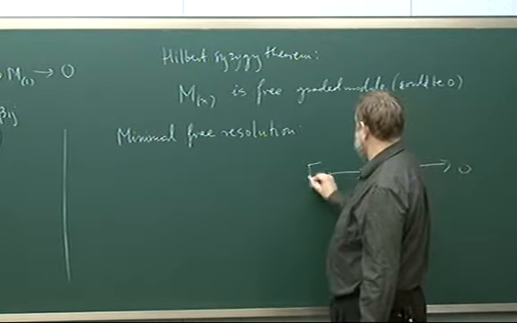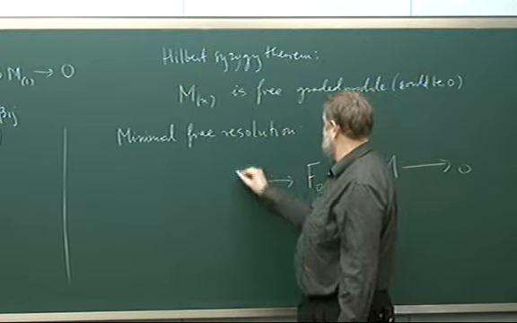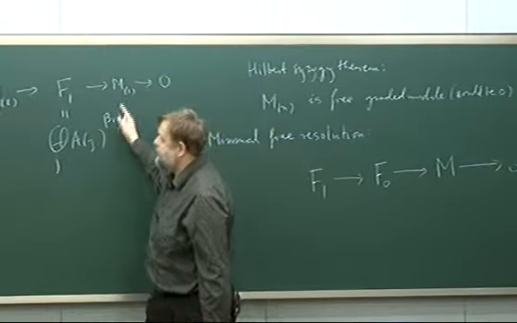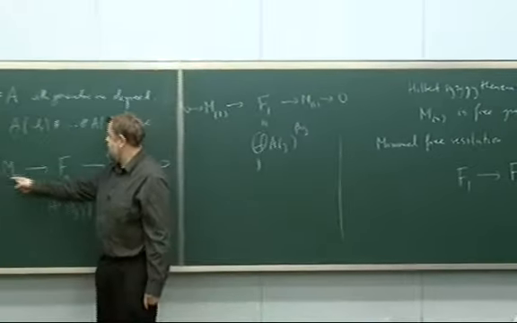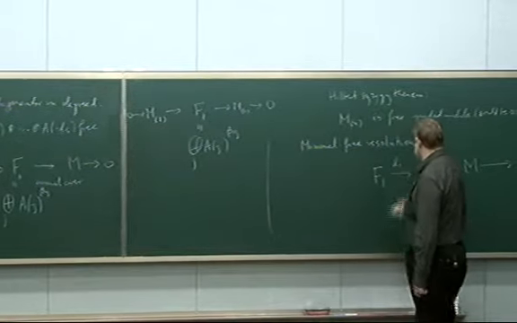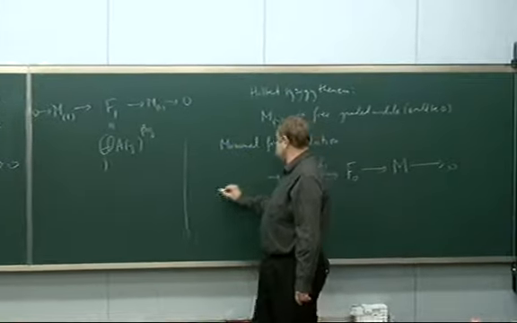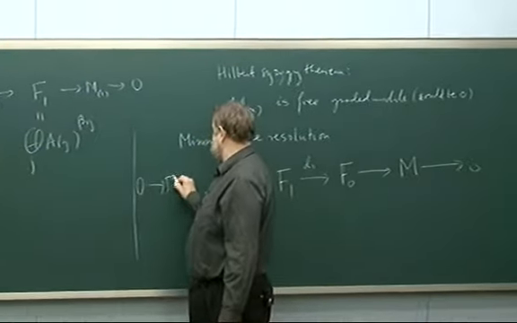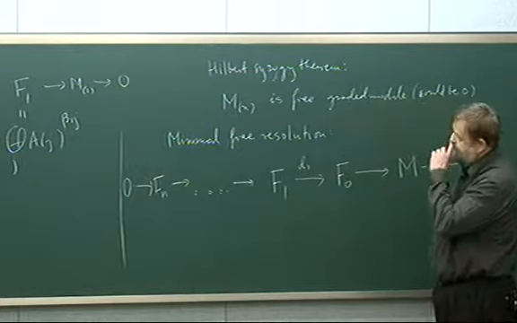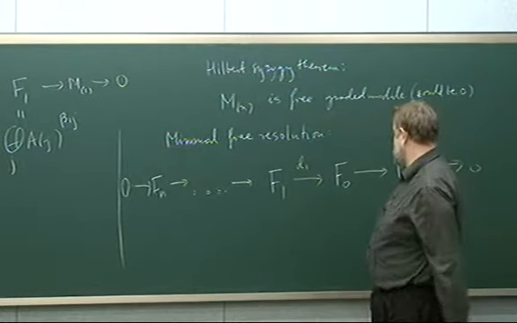Here I have my F0, and now I have the map from F1. I can go to M1, and I can embed M1 in F0, so I get a map from F1 to F0. I call it d1. And since after n steps I get the free module, I can end with this, call this Mn = Fn.